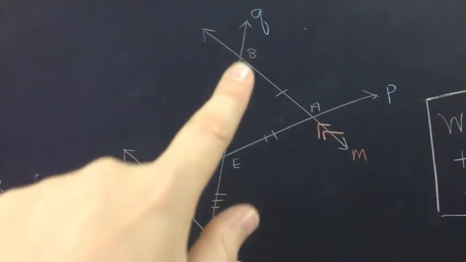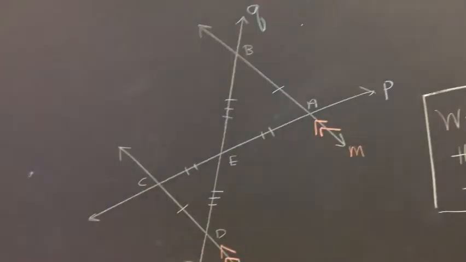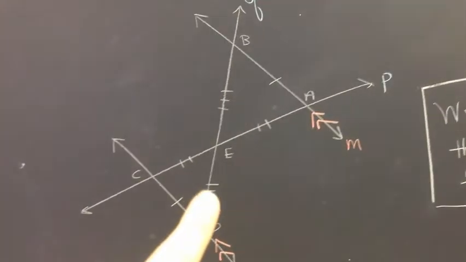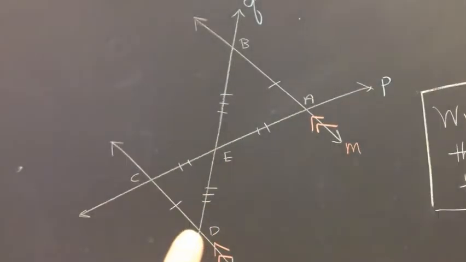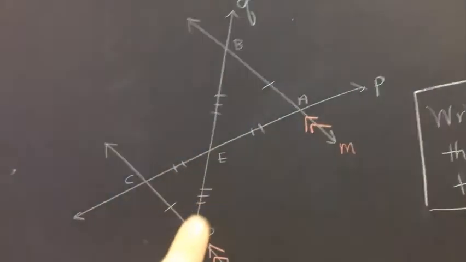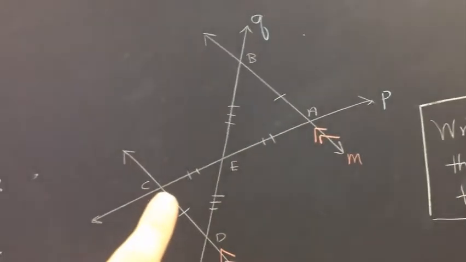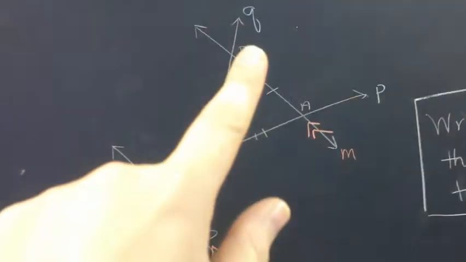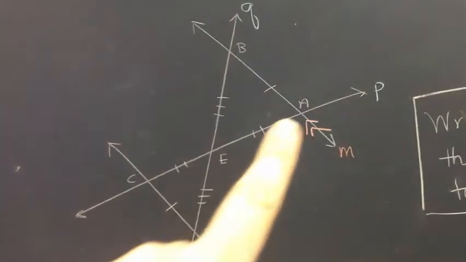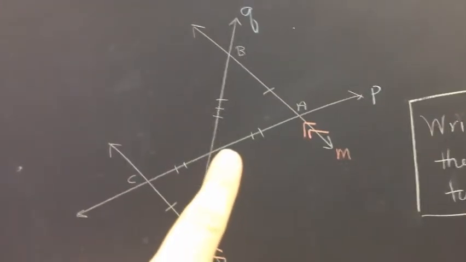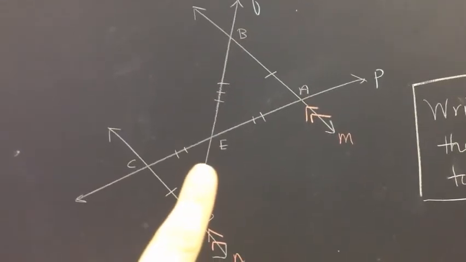This angle here is alternate interior with this angle here, and that means that B corresponds to D. So this angle is congruent to that angle, and by alternate interiors, this angle is congruent to that angle. So B corresponds to D, A corresponds to C, E corresponds to itself.